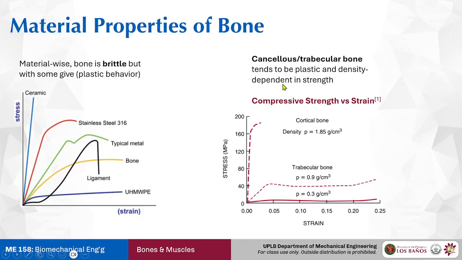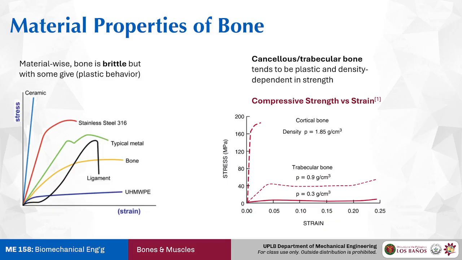So if you want a very simple FEA model of a bone, all you have to do is to model at least only the cortical bone and maybe some of the cancellous bone in order to approximate it well, while not losing much sleep over the computing time. All right, so bone is kind of brittle but not so brittle.